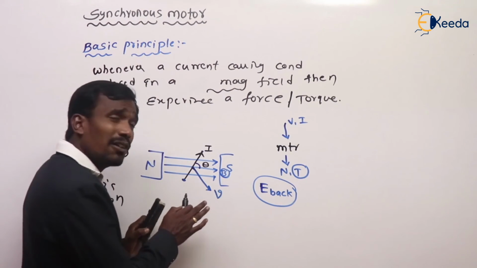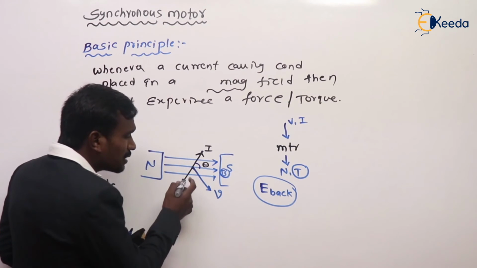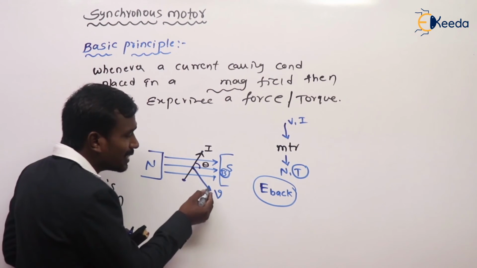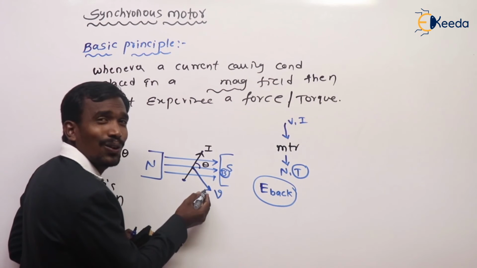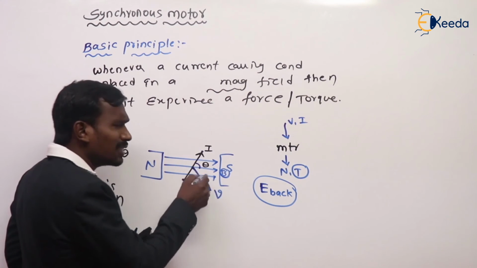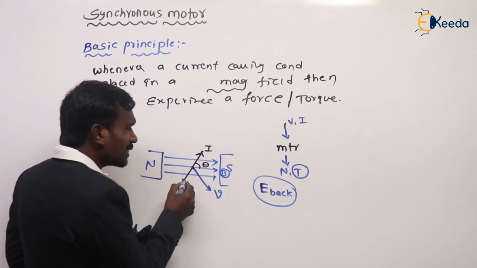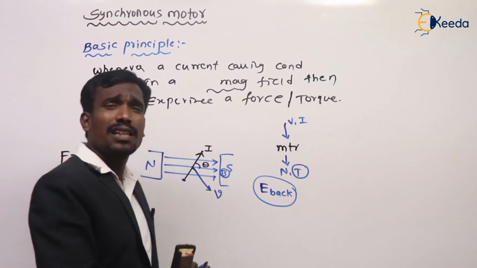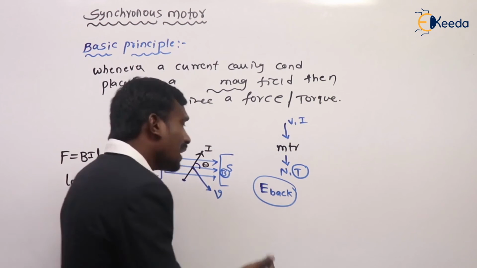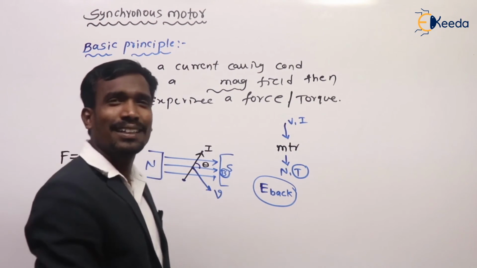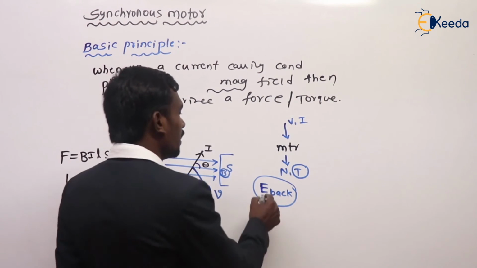Now listen, after this velocity v, this is a rotating conductor. Yes or no? Because of the force or torque, it is rotating with a speed n. Then this is a rotating conductor placed in the stationary magnetic field. When a rotating conductor is placed in a magnetic field, it produces EMF.